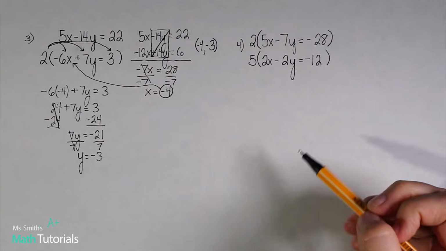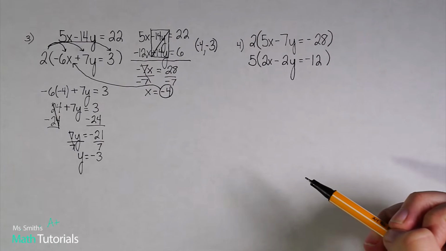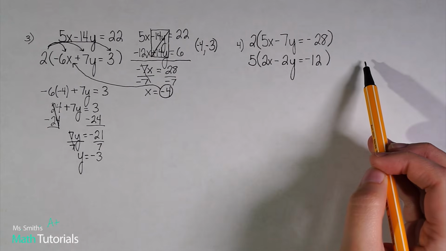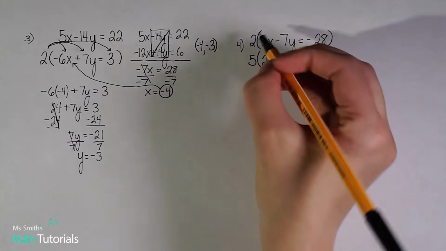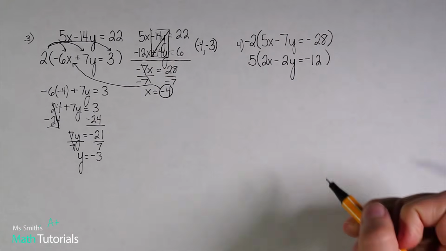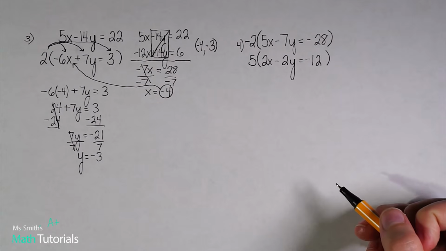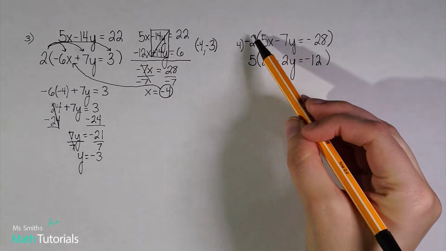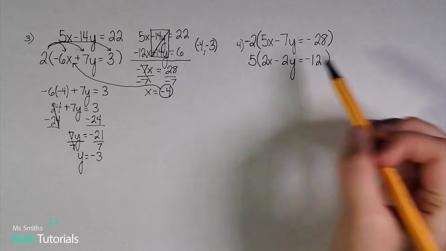And I want to make a situation where they're opposite signs. So in this case, if I multiplied this out, they would both be positive 10. So I need to make one of them negative. I'm just going to make the 2 negative. You could do the 5. It doesn't matter. But I'm just going to go ahead and make the 2 negative. So let's multiply out this whole top, and then we'll do the whole bottom.